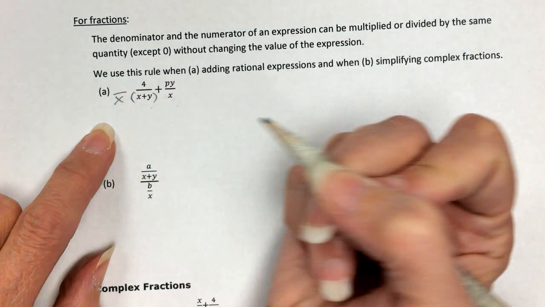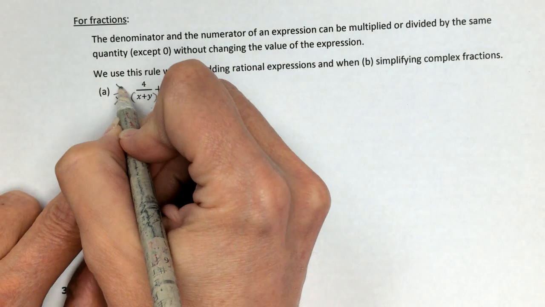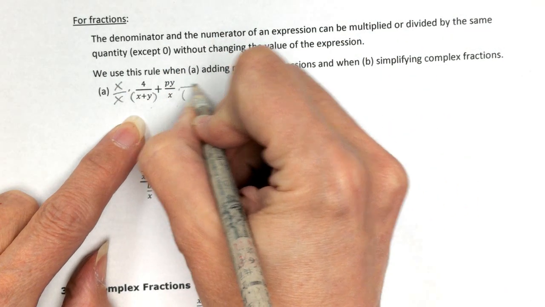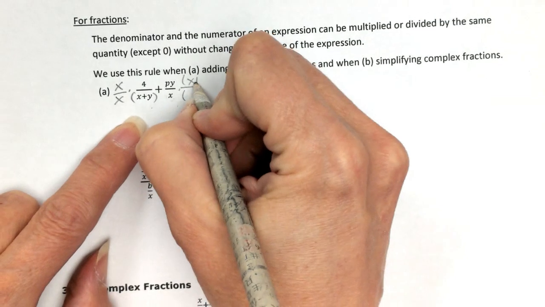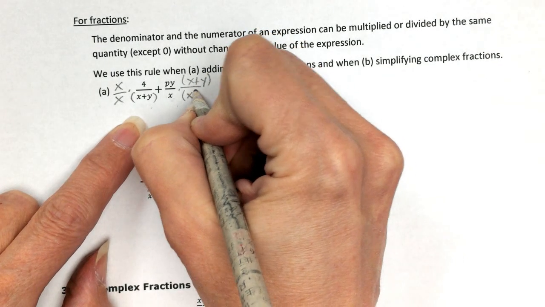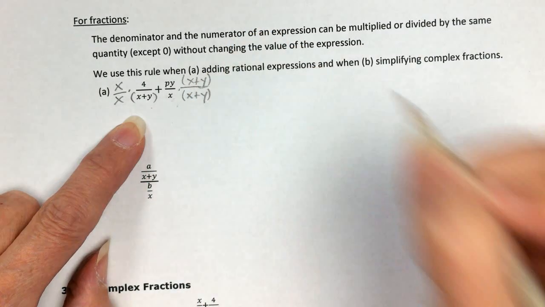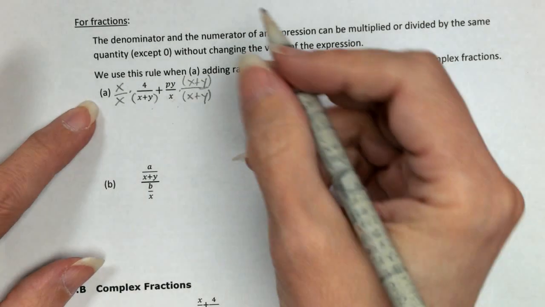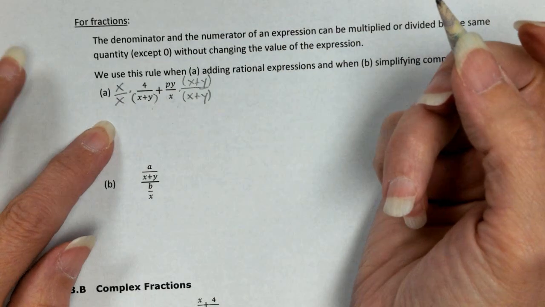Whenever I multiply the bottom of this fraction, I must also multiply the top. Likewise, on this other fraction, we're multiplying by x plus y over x plus y. And we actually multiplied those numerators.